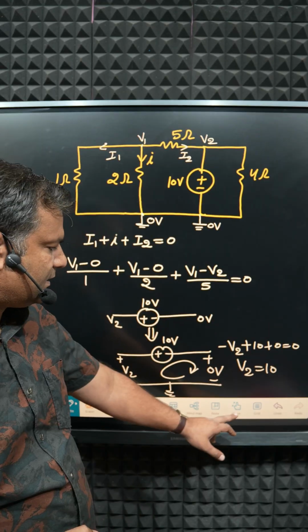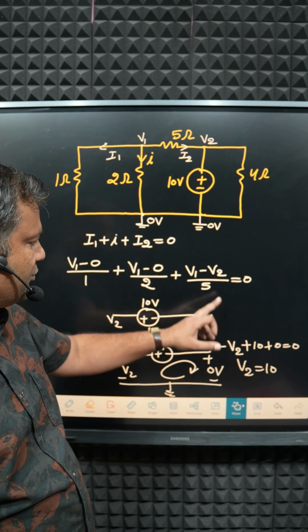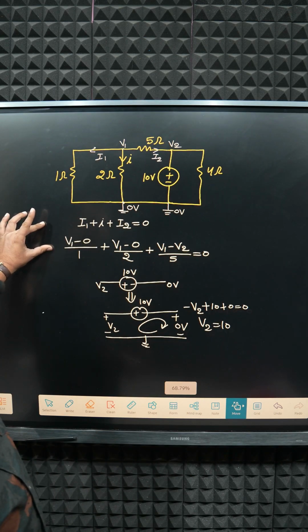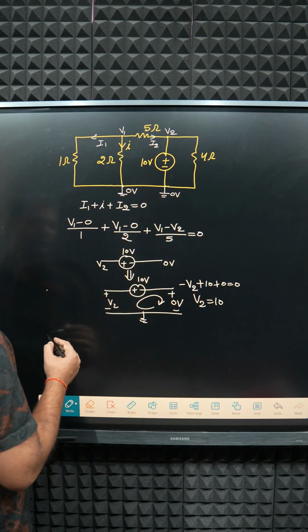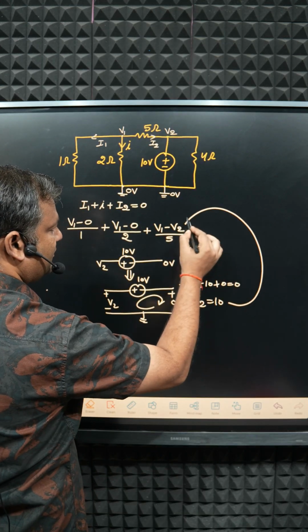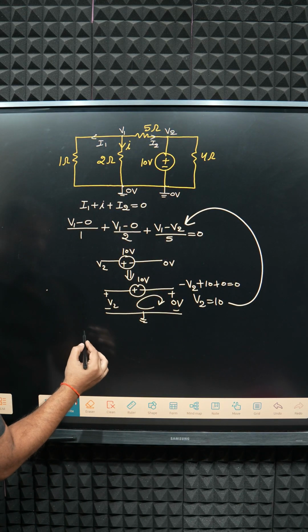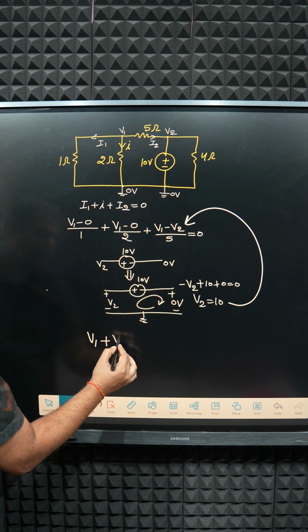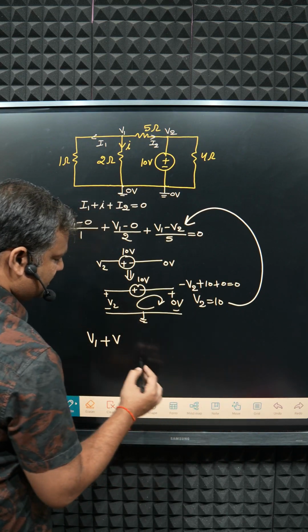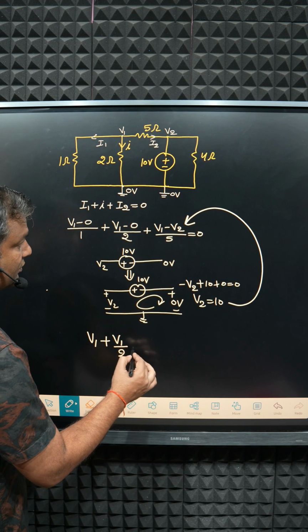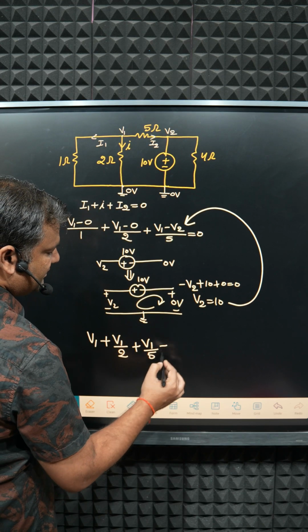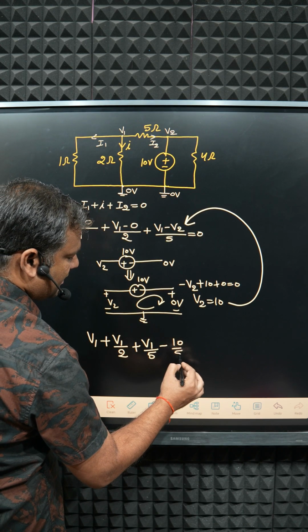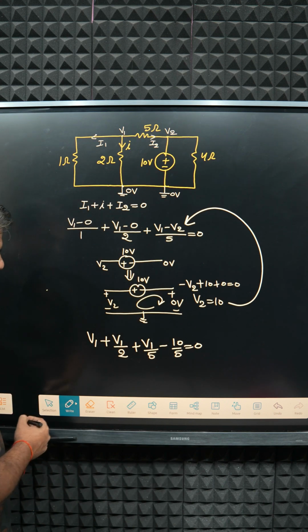So V2 is basically 10 volt. Okay, now if we put that value of V2 here, then we get V1 plus V1 by 2 plus V1 by 5 minus 10 by 5, and this will be equal to 0.